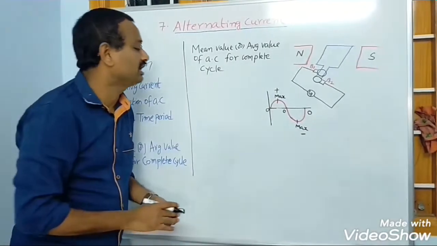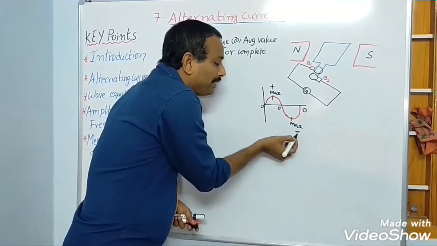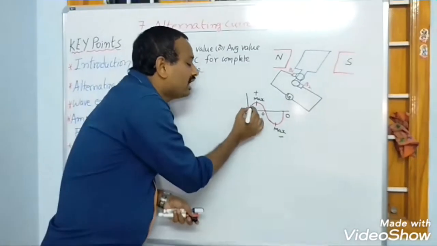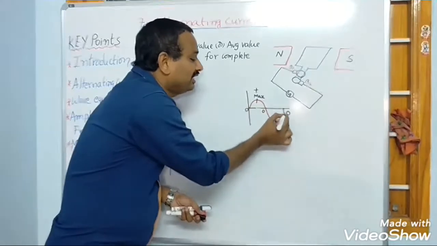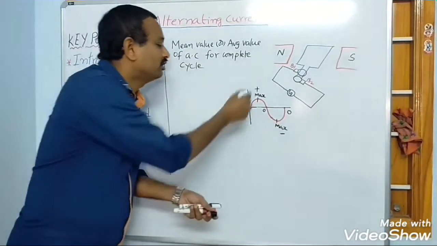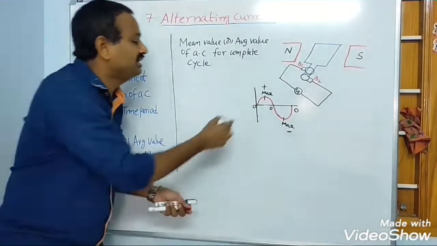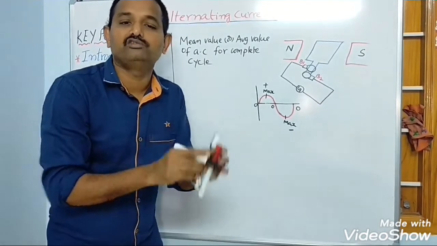Why 0? Because first half cycle plus next half cycle minus. Due to that, mean or average value of AC for a complete cycle is 0. Both cancel with each other, plus and minus.